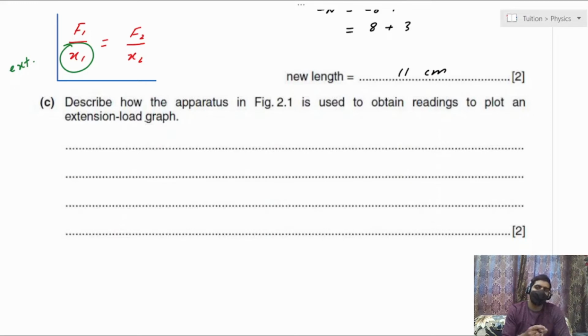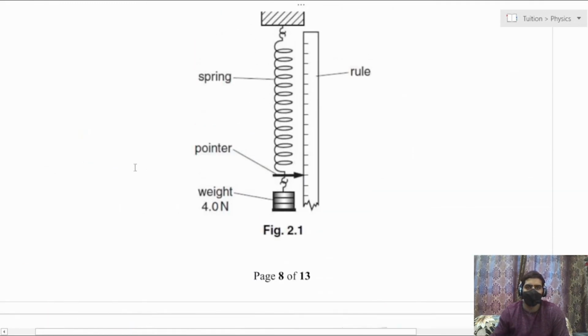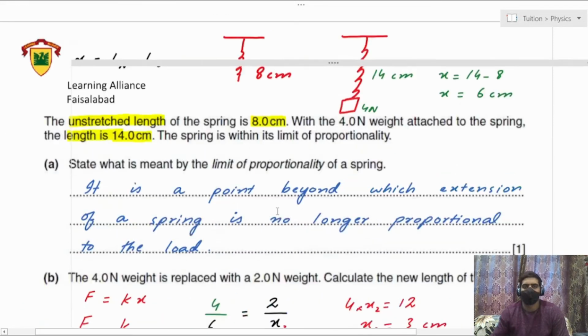extension load, right? So let's write it down here. And once again, you have to use the key terms. That's the most important thing. The answer should not be very much general. It has to be specific. You have to use key terms once again. So you have the apparatus, figure 2.1.